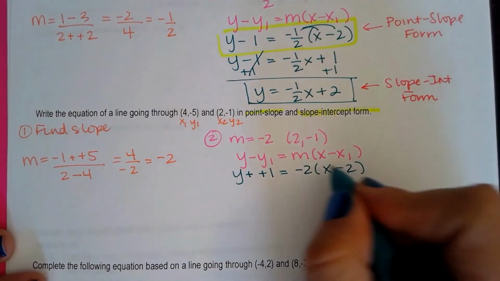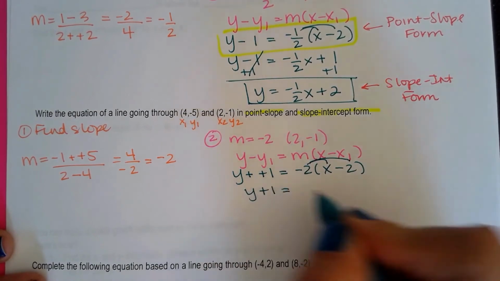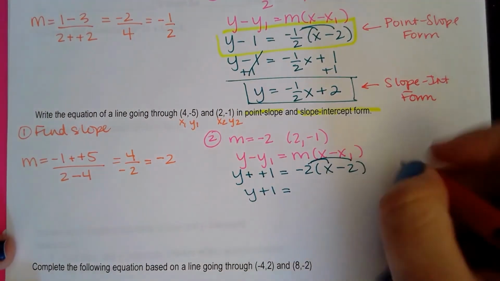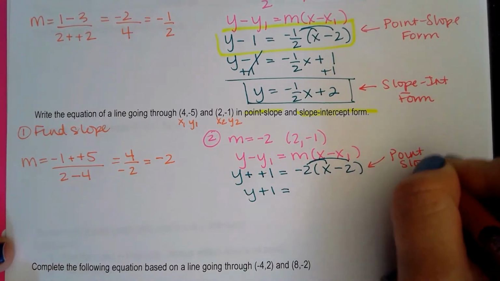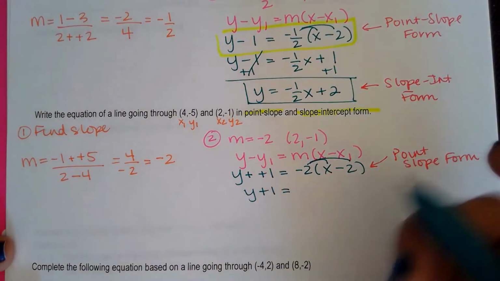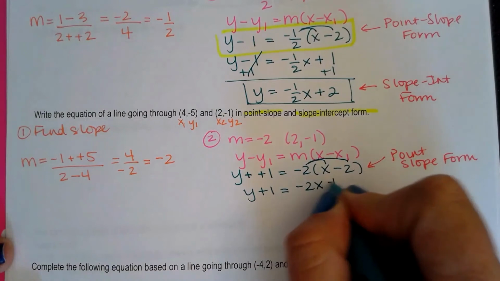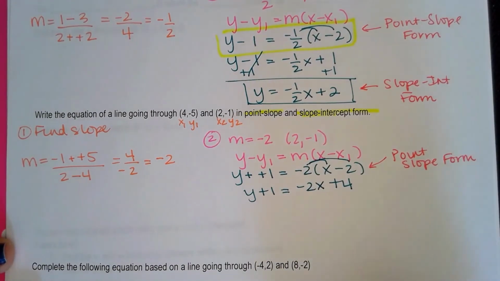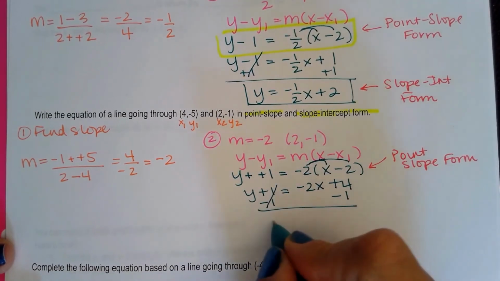Double negative. Distribute y plus 1. So, by the way, here's our point slope form. Distribute here, so that's -2x plus 4. Subtract 1.